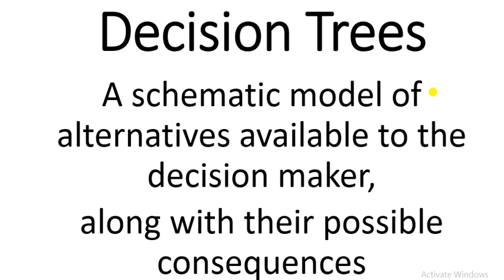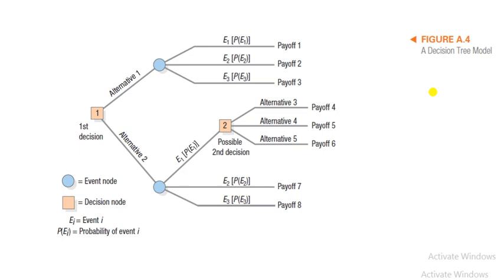If you see in the next slide, a decision tree is just like this, as you are seeing in the slide, and its name is given because its shape is similar to a tree.